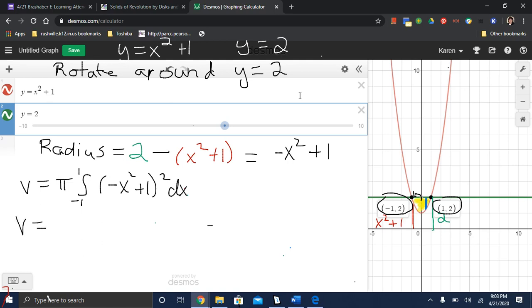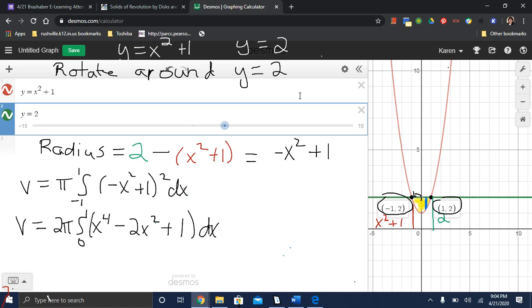So our volume would be, now, I'm going to notice that this is symmetrical. So rather than going from -1 to 1, I'm going to integrate from 0 to 1 and just double my area. And I'm going to go ahead and square out the negative x squared plus 1. So that will give me x to the 4th minus 2x squared and then plus 1 dx.